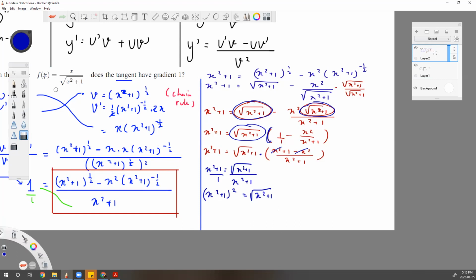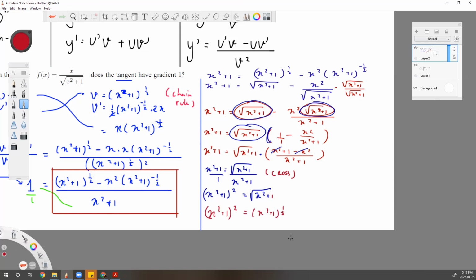Cross multiply. Wait, why does x squared plus 1 to the power of 2 equal? There you go. You multiply. You do the cross multiplication. Oh, right. Okay. Oh, it's hard, right? So x squared plus 1 square equals x squared plus 1 power half.